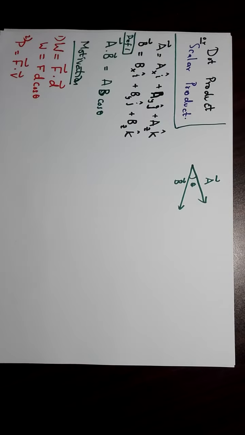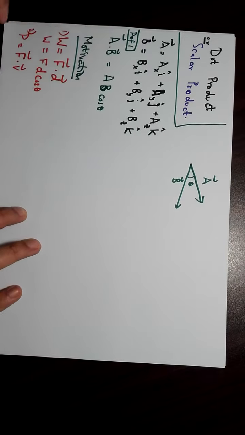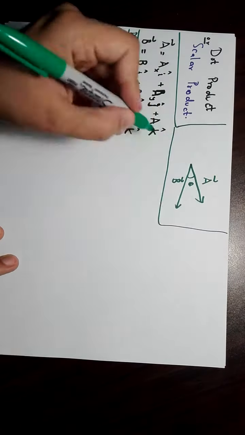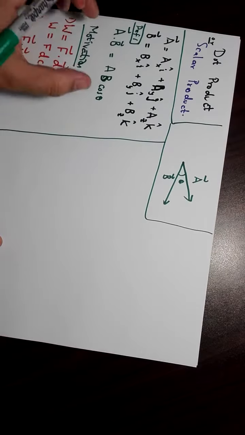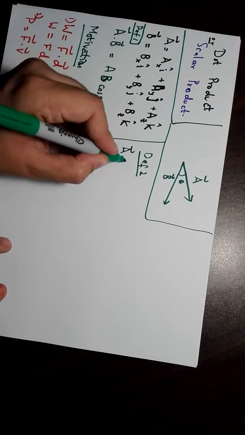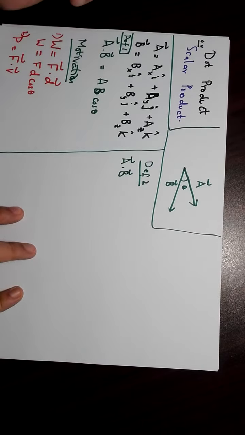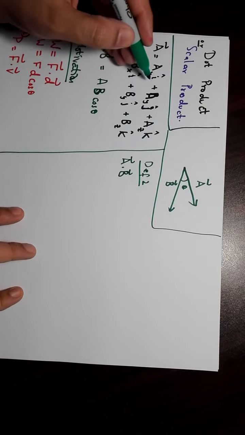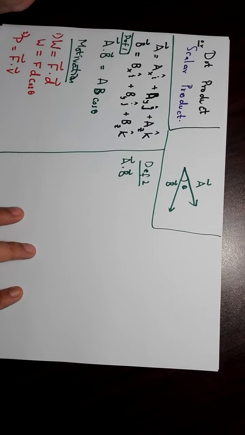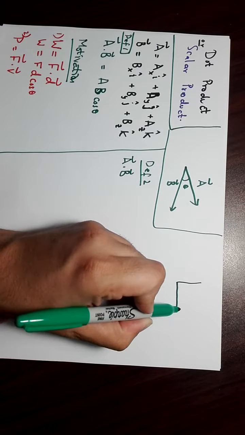Now, coming back to the definition of the dot product, there's another way to get the dot product. Let's say that you want to find the dot product of A and B. Another definition is A dot B. The reason I wrote this definition first is because the unit vectors i hat, j hat, k hat point along the axes.